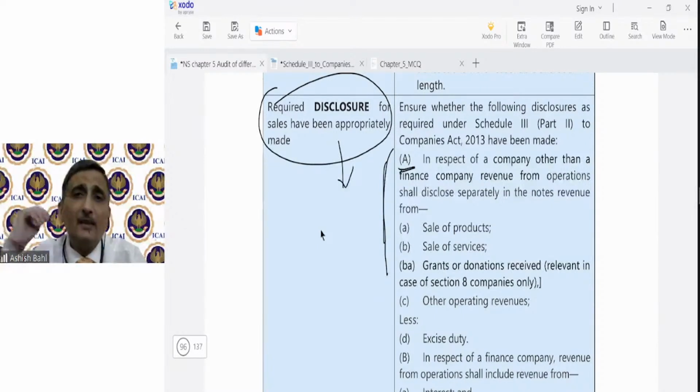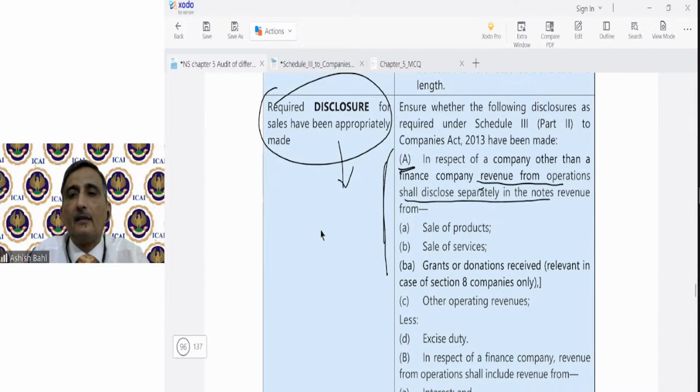Finance companies, you can understand, are companies engaged in the business of providing loans.